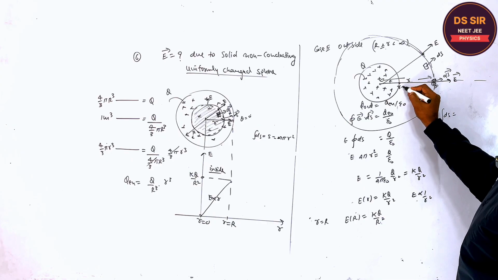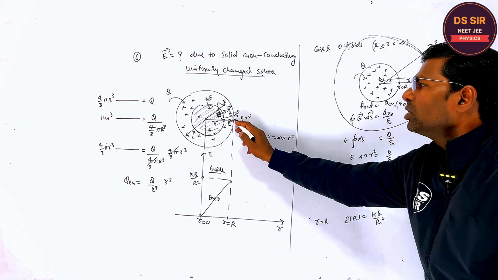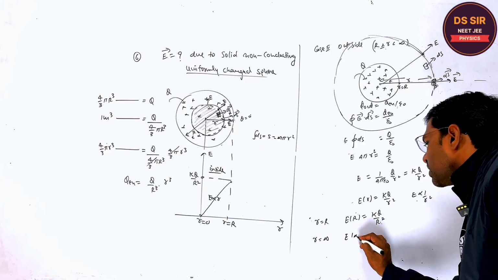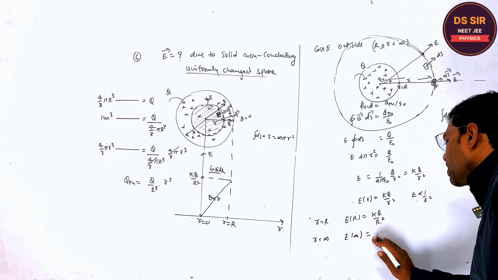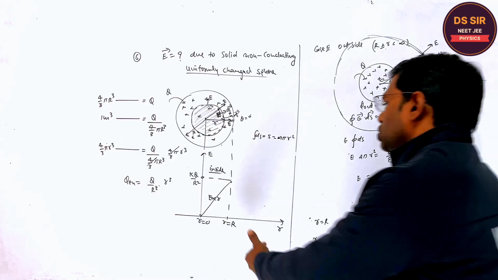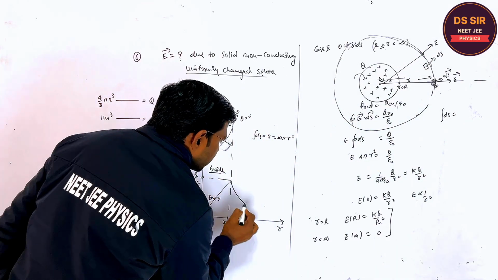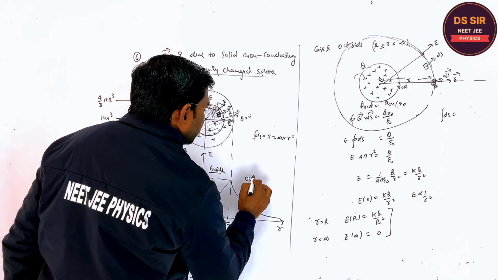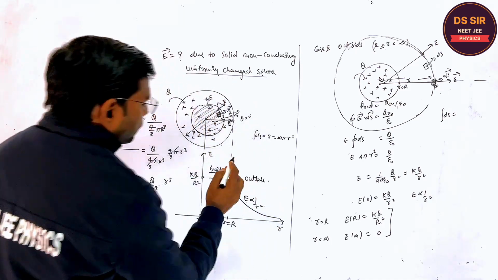At infinity, the electric field is 0. So if you draw the graph, it is like this: electric field is proportional to 1 upon r square. This is outside. Fine, copy this.